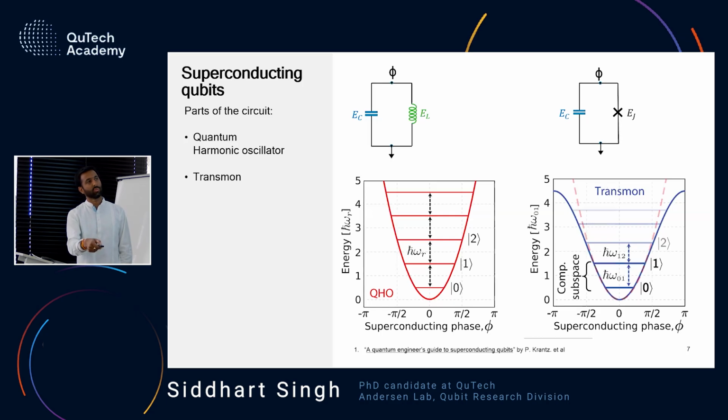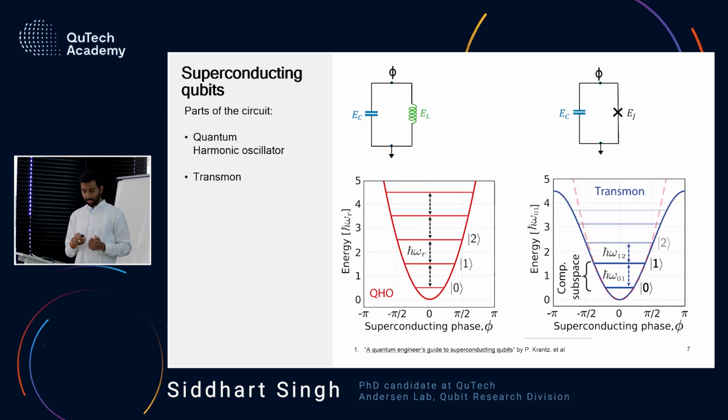So your difference from 0 to 1 is omega 0,1, and from 1 to 2 is omega 1,2. Now we have the ability to say, okay, I only send the omega 0,1 frequency, and then it will excite from 0 to 1 and not from 1 to 2. So we have the possibility to control the system at the individual levels.